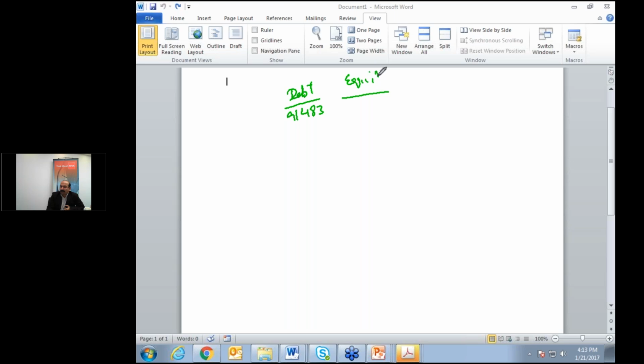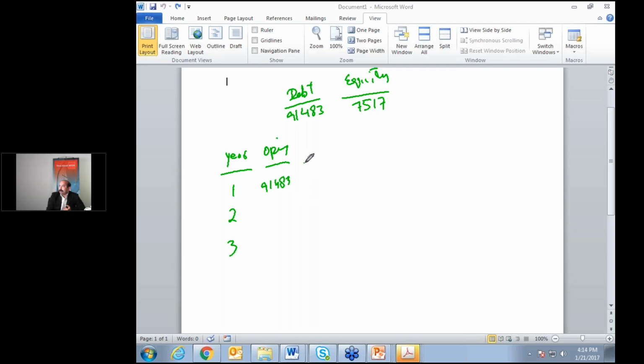Equity element was 7517. Now what will happen: life is 3 years, so year 1, year 2, year 3. Opening will be 91483.